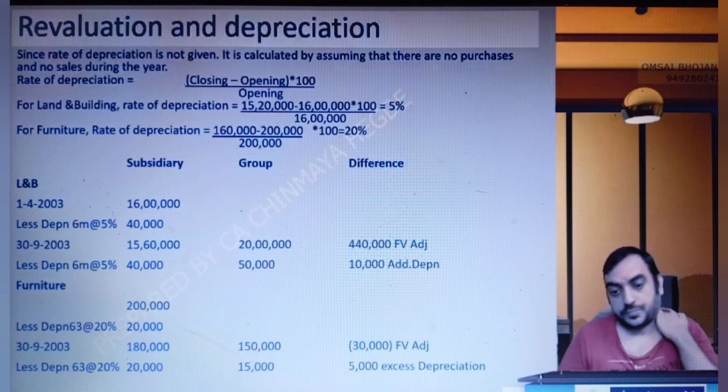Okay, some alignment issue is there. Give me 1 minute. Okay. Share capital 80%, 20%: 1,60,000 and 40,000.